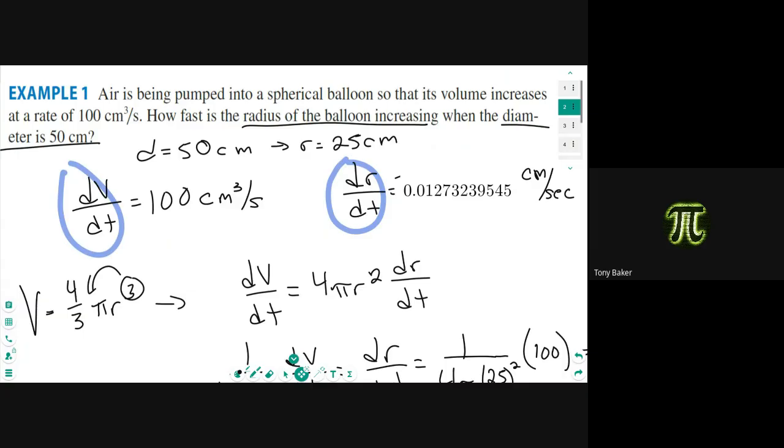That's where that dV over dt came from. The last one, how does the radius change over time? So it's dr over dt, centimeters over seconds. You can use that just like you did in algebra when you're talking about rise over run. You wrote the units in that way. Rise over run is no different than a derivative. Those are the same exact things, so we're going to use them the same way.